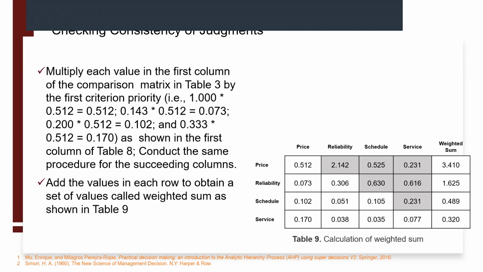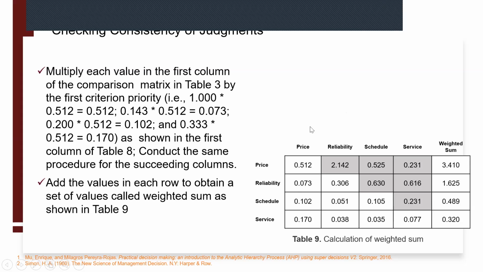We did that for everything, multiplying the criteria weights, which are the priorities we derived earlier, by each of the numbers in the original table. Then the values are added for each row to obtain a set of values called the weighted sum.